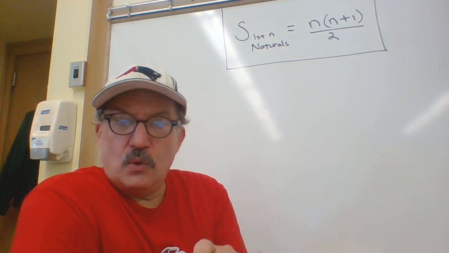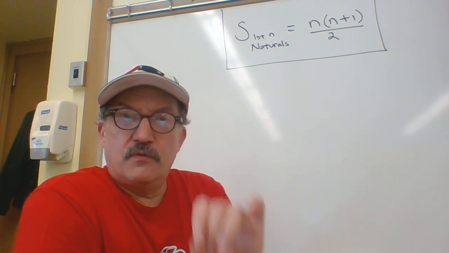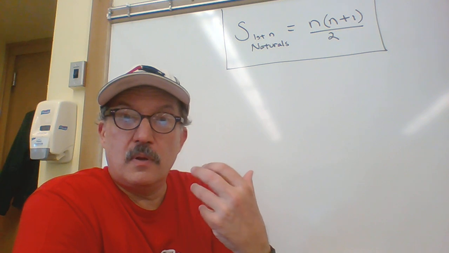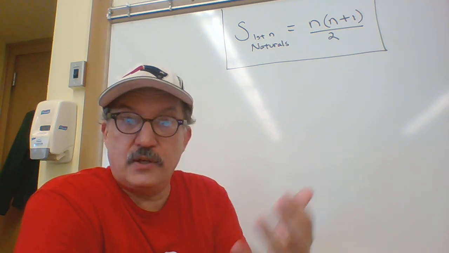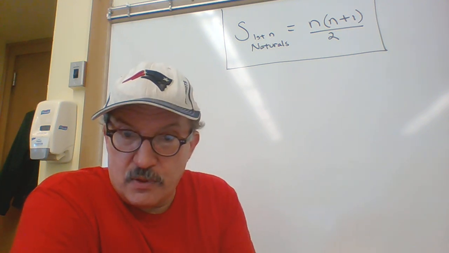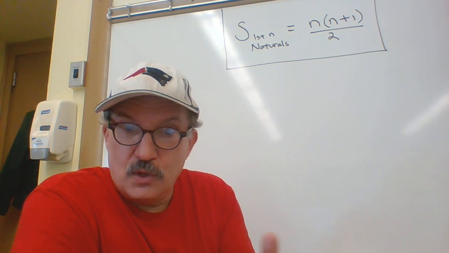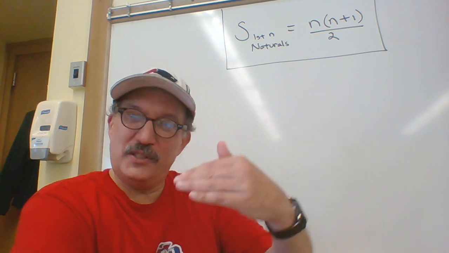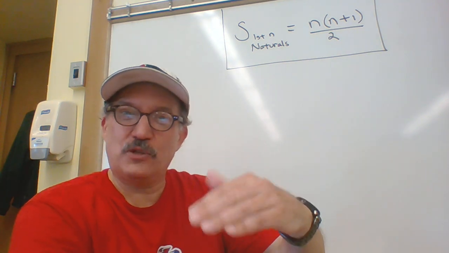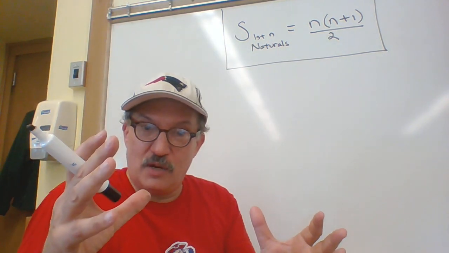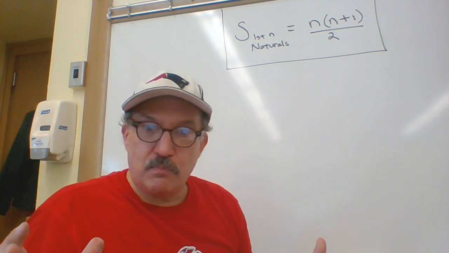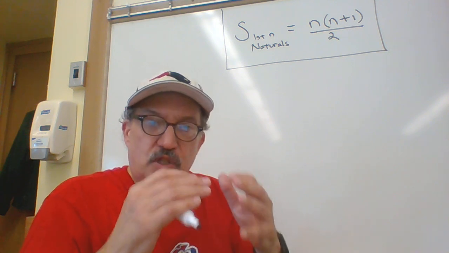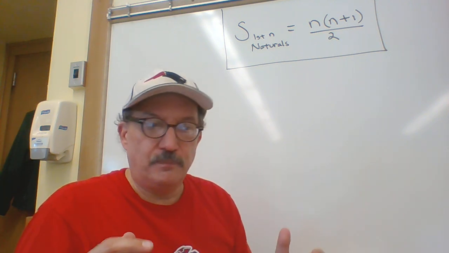In this video, we're going to develop the formula for the sum of the first n terms of any arithmetic sequence, not just the specific one known as the natural numbers. See, we started with a specific case of the natural numbers. Now we're going to expand to the general case. And this is a process that happens throughout the learning of math. You go from the specific to the general.